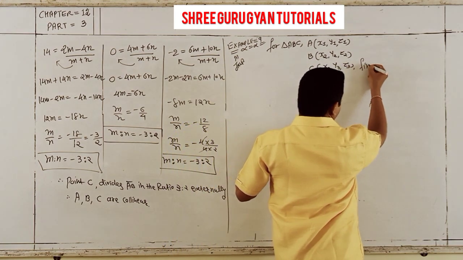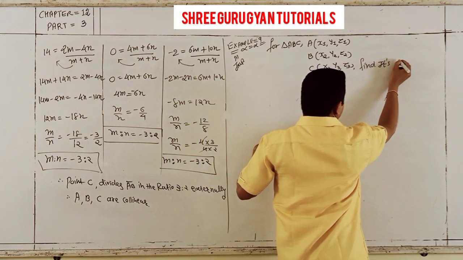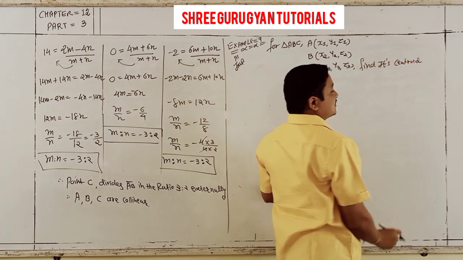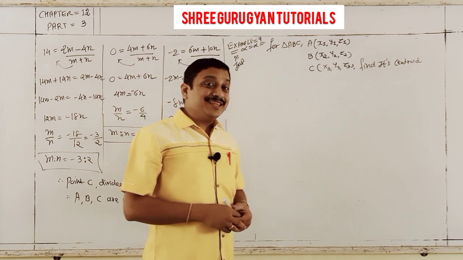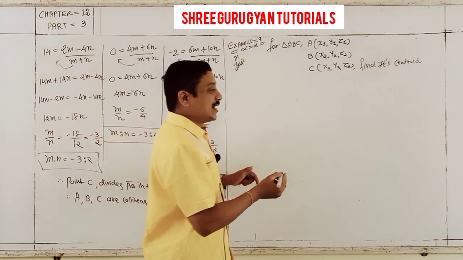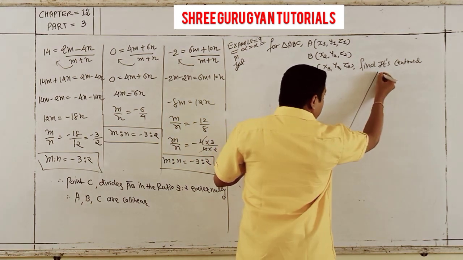Find its centroid. Yes, centroid means, students, the point that lies on the intersection of all three medians. So I will first plot our drawing.